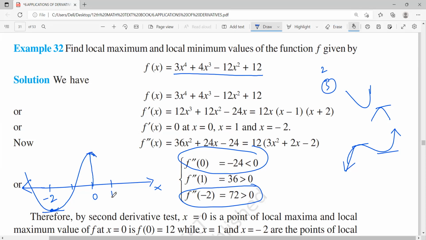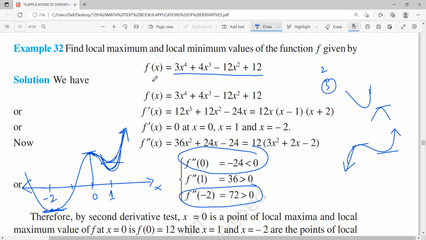Again at 1 we have a local minimum. This is the maximum, this is the local minimum. It may not be exactly like this, but approximately I'm saying it can be like this. You can draw the graph.